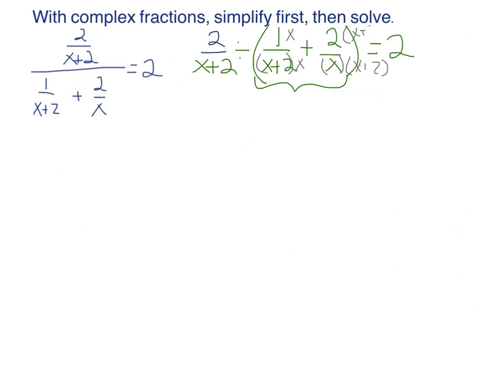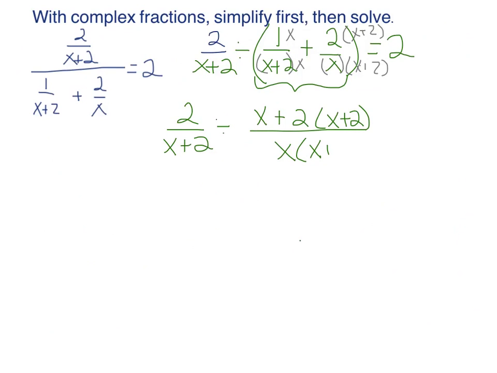So now I have 2 over x plus 2 divided by x plus 2 times x plus 2 all over x times x plus 2, because I can add these together since these denominators are common, and then we'll say equals 2.